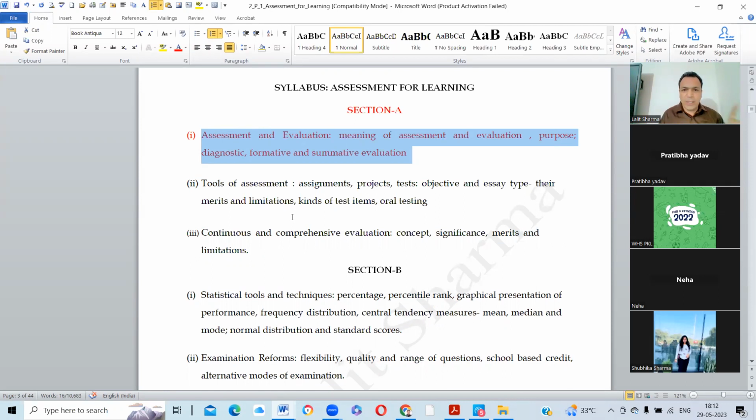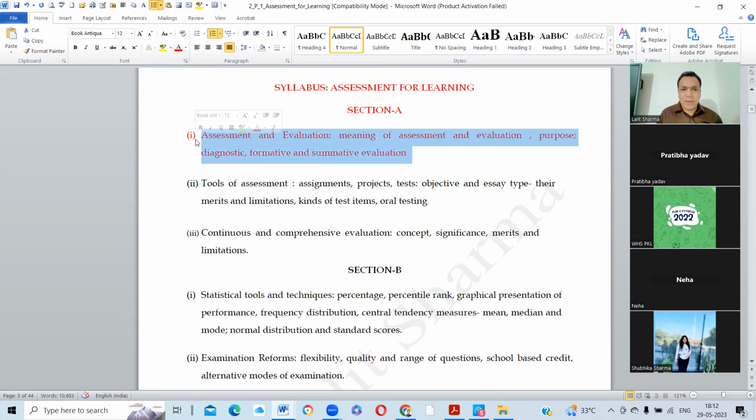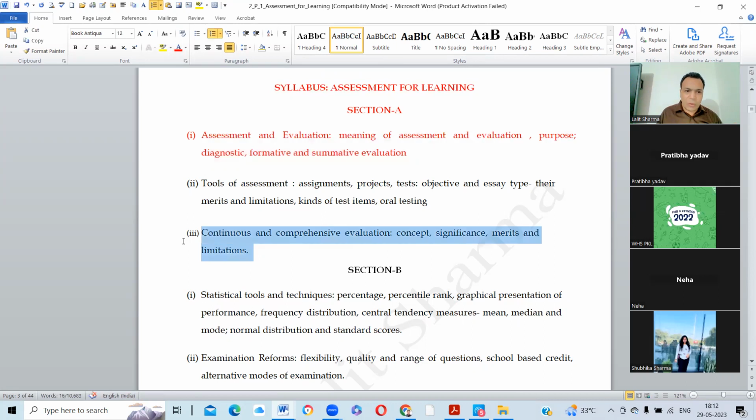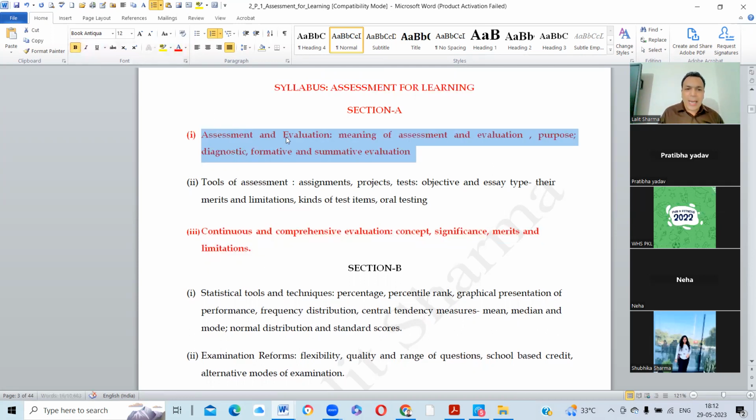So guys, in section A, I have already told you, you have to do the first part and go for the third part. Okay. But if you prepare well, continuous and comprehensive evaluation, and assessment and evaluation, you can see the syllabus.